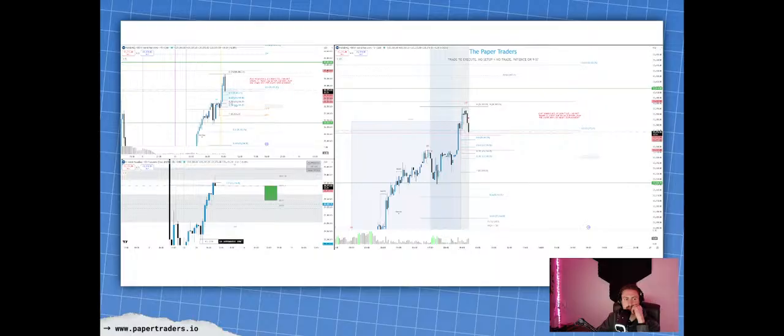Let's see, 3 minutes until market opens up. Just kind of lines up at the top of that candle.